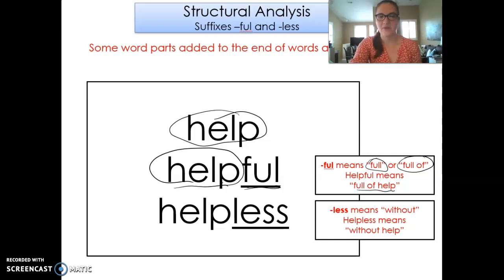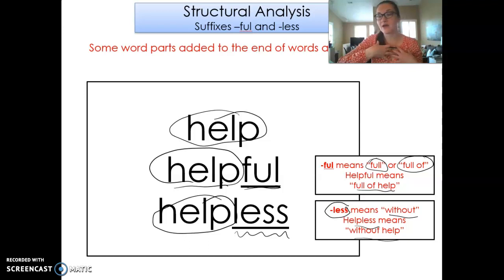Okay, but the word less doesn't mean what you might expect. When we add less to the end of our root, so here again we have help, but we have the suffix less, that doesn't mean that we're getting a smaller amount, it means that we're without it. Okay, so when we add less, it means without. So helpless means they are without help.